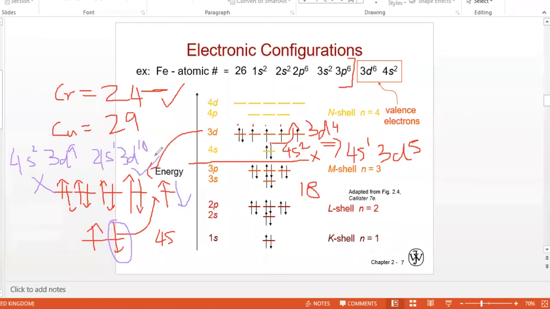So this is the fully filled state. If it is completely filled, then we don't have to talk about valency, which means there is no energy discussion here.